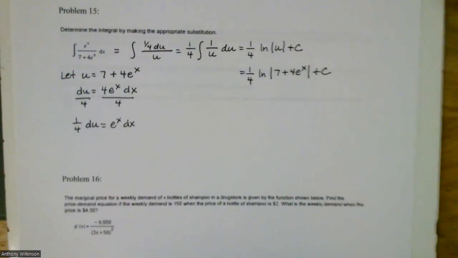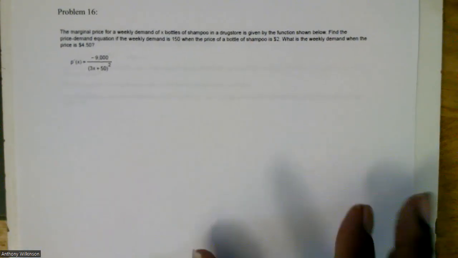Okay. In problem number 16, we're going to do an application problem related to integration by substitution. It says here the marginal price for a weekly demand of x bottles of shampoo in a drugstore is given by the function shown below.